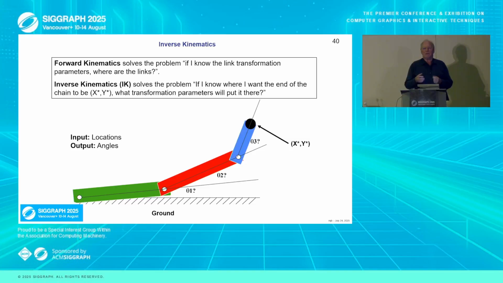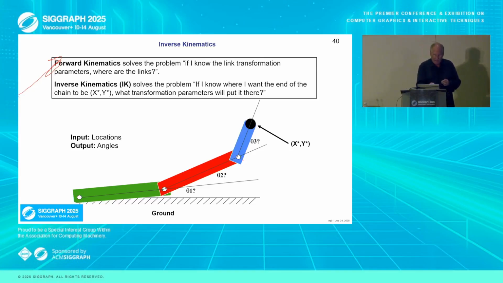And that's important for things like, well, skeletal movement, robotics. But if there's a forward kinematics, there ought to be an inverse kinematics, and there is. And it really solves the other problem. Forward kinematics is trying to solve, if I know the angles, where do the pieces go? Inverse kinematics tries to solve the problem, if I know where I want the piece to go, what should the angles be?